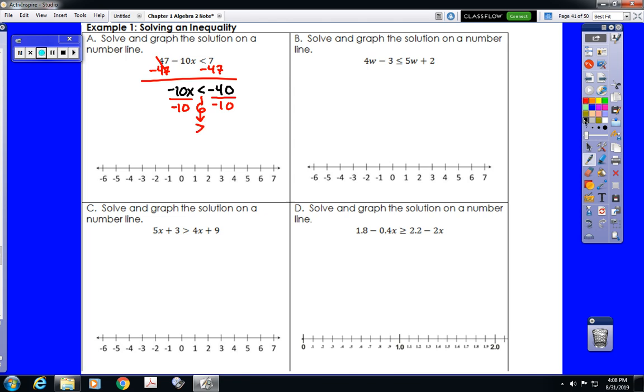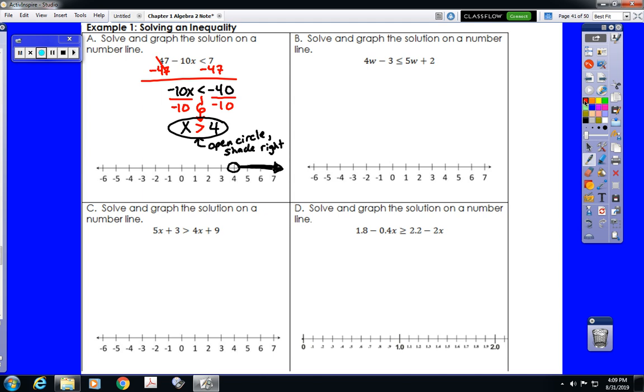So our less than symbol is going to turn into a greater than symbol, meaning our answer is x is greater than 4. Now that symbol, greater than, tells us that we have an open circle. And since it is greater than, we're going to shade to the right. So we have an open circle at 4, and we're shading greater than, which is to the right.